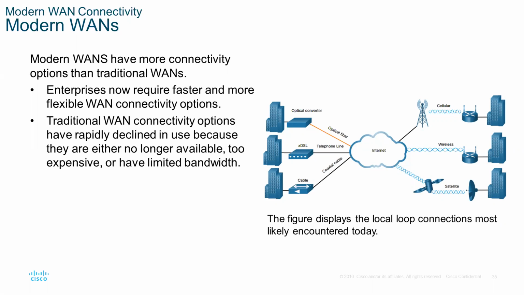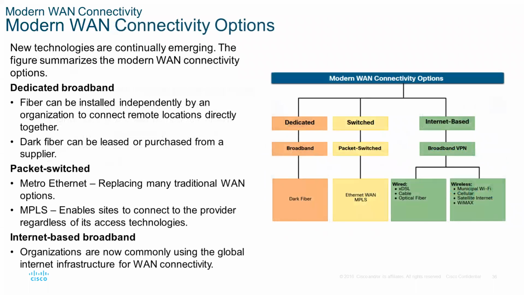So we now have full use of optical, telephone, coaxial, satellites, Wi-Fi, and even mobile technologies to provide local loop connections that we all are familiar with and make use of today. Now, we still have dedicated connections, switch connections, and we now have internet-based. So things have changed a little bit depending on the solutions that we want to use.